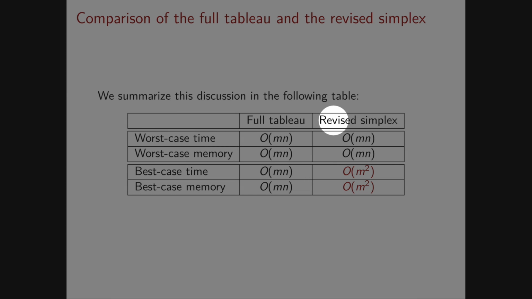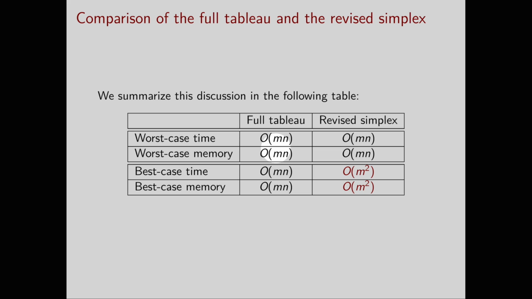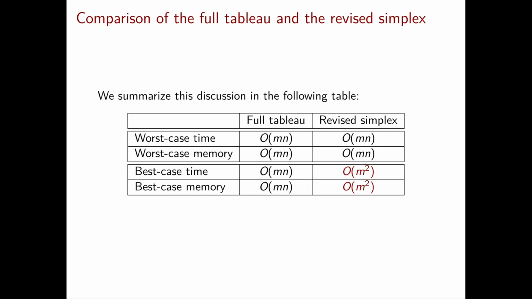On the other hand, for the revised simplex, in the worst case, both time and memory are big O of mn, matching the full tableau. However, in the best case, for the revised simplex, both time and memory decrease to big O of m squared.